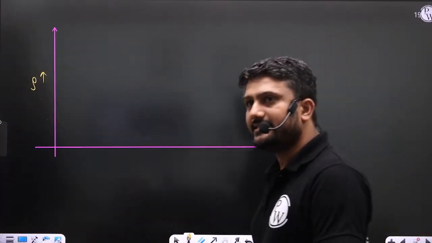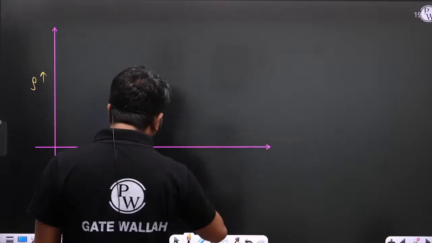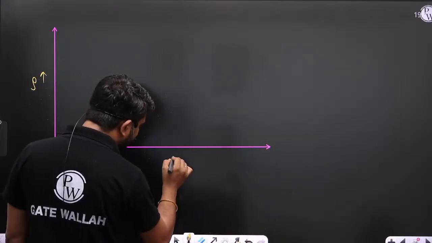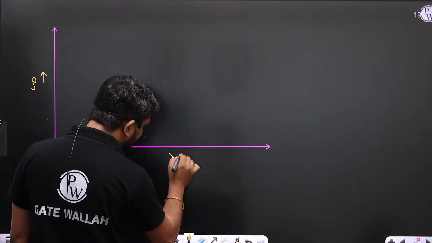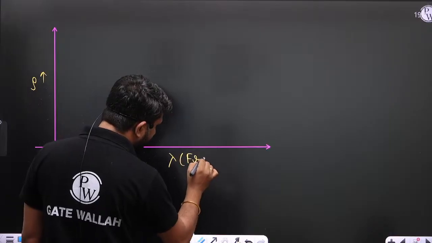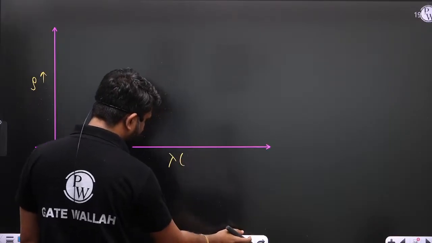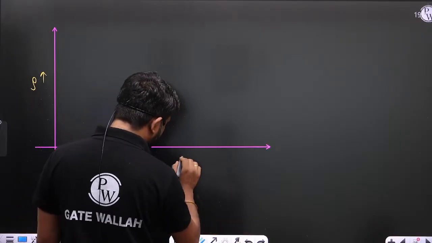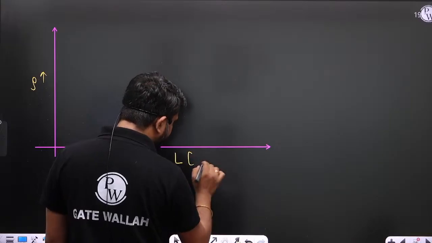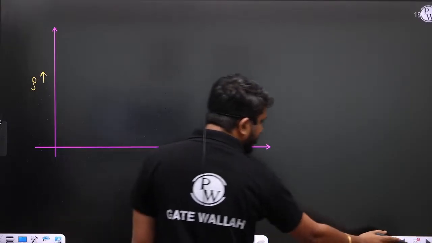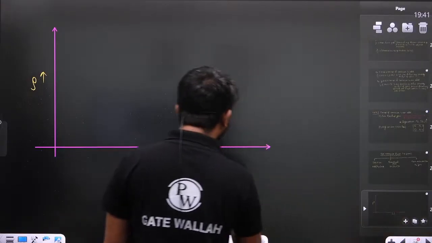Let us consider that it is the density. And in the x direction, let us consider there is lambda, or I can say L. That L is the characteristic length.